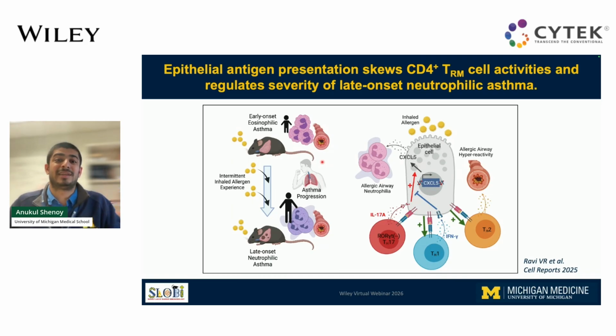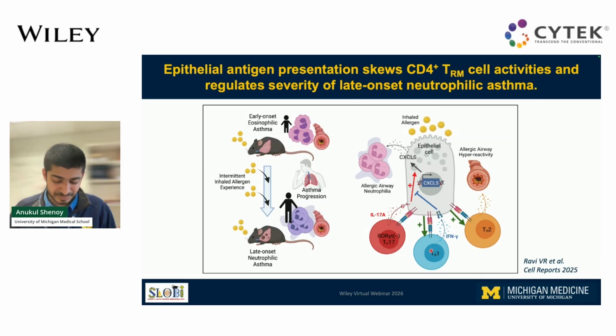However, the molecular and the cellular mechanisms as to what drives this switch was unclear. And our mouse actually is giving us a window into trying to see what is causing this. And what seems to be responsible, at least to some extent, is the fact that the epithelial cell via MHC class 2 is talking to the T cell and essentially setting this balance of inflammation and airway hyperreactivity at the same time.